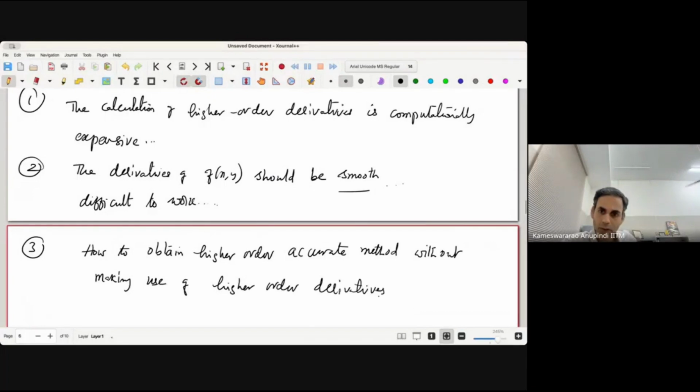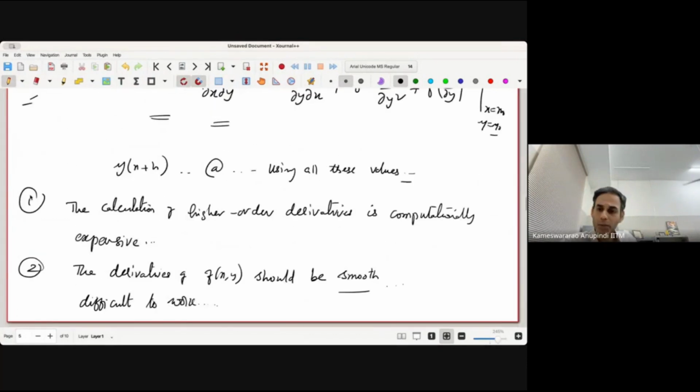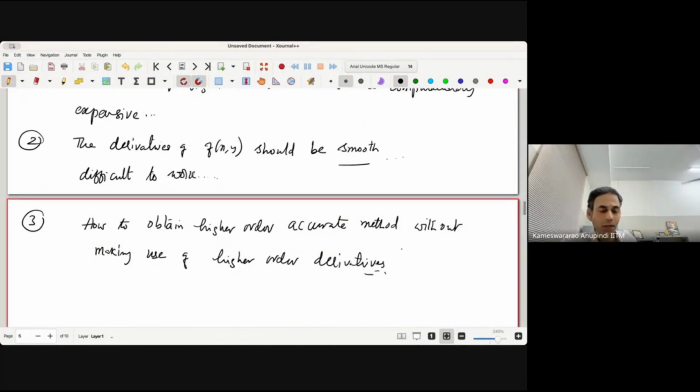Right now, we have used higher order derivatives, that is d cube y by dx cube, d square y by dx square, and so on, and then we have calculated y of x plus h to a higher order accuracy. But we will see certain methods called multi-step methods in which we don't have to calculate higher order derivatives to obtain a higher order accurate method. So that comes up later.